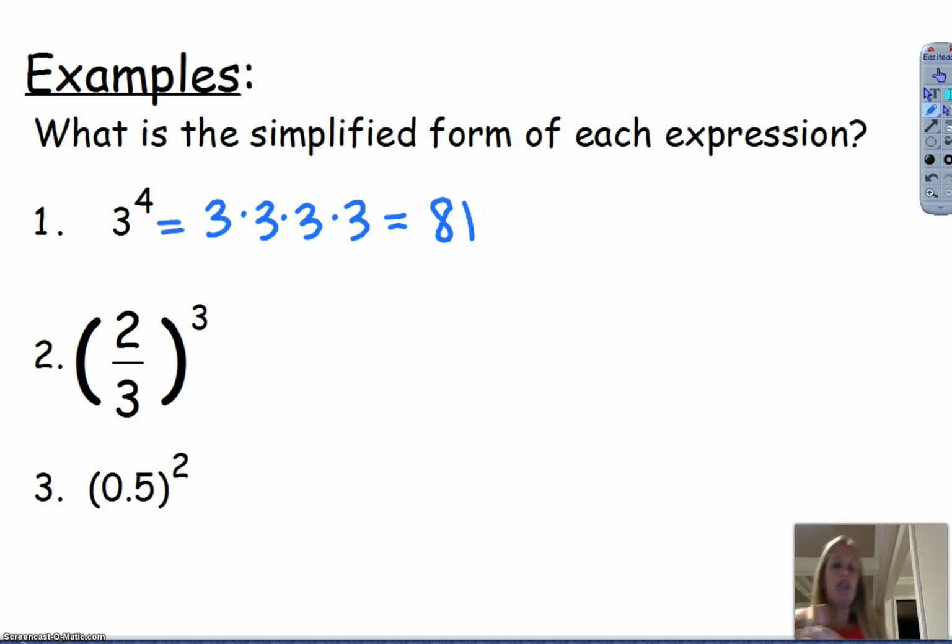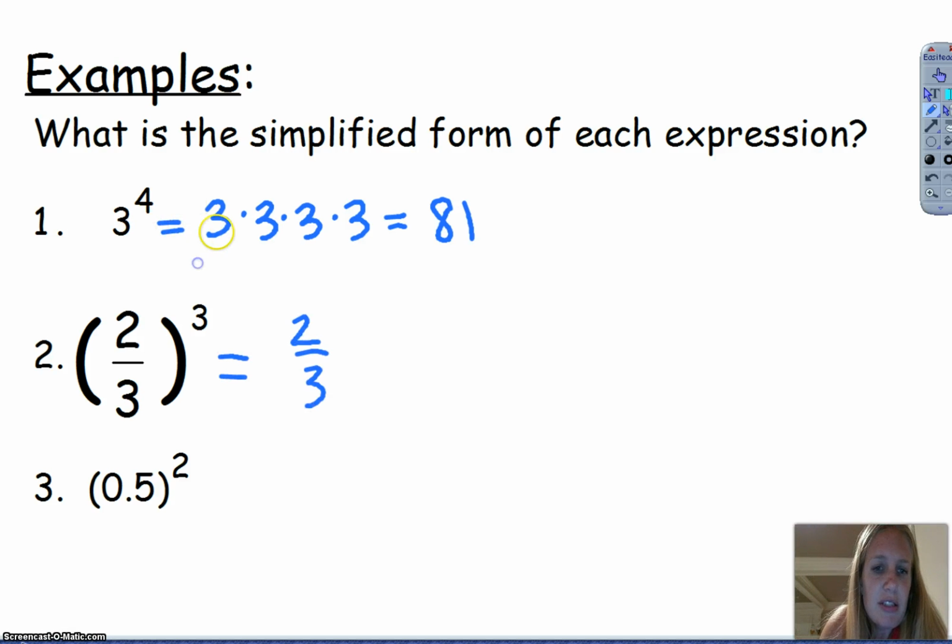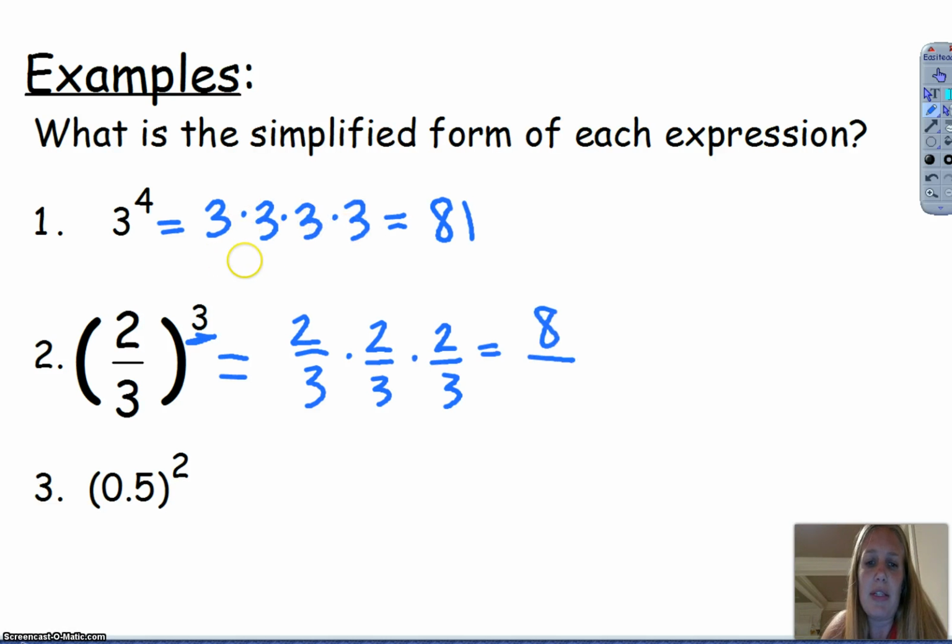we have a fraction. What this fraction just means is 2/3 times 2/3 times 2/3. We're doing it 3 times because that's the exponent. If I multiply across the top, 2 times 2 times 2, 2 times 2 is 4, times 2 is 8. Along the bottom, 3 times 3 is 9, times 3 is 27.